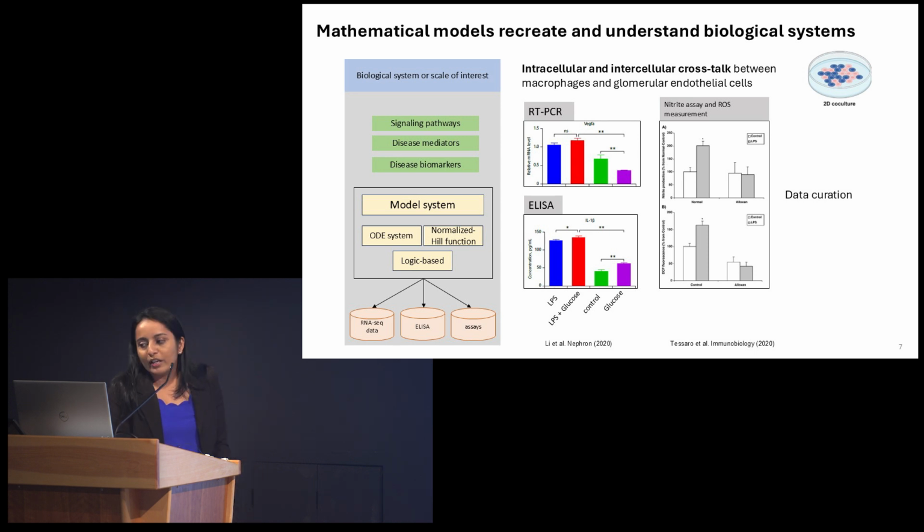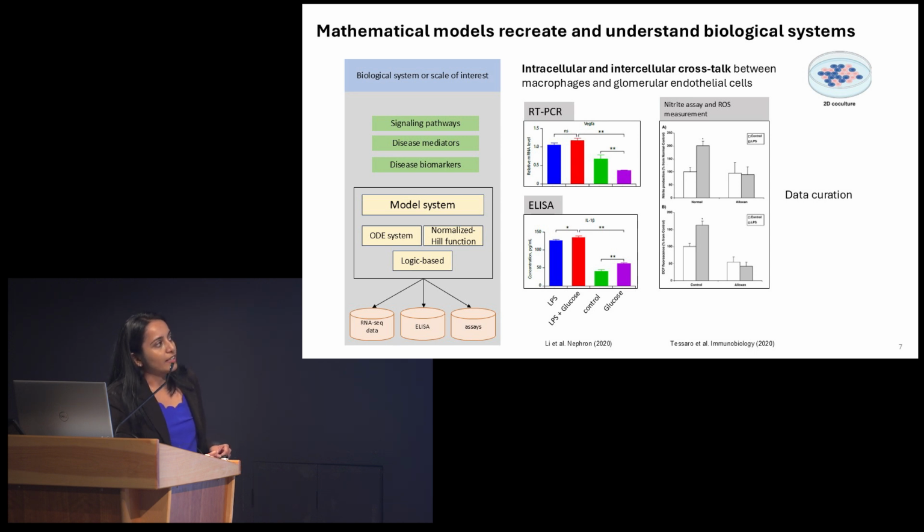So the workflow of this study involves first understanding the biological system of interest and the scale of interest. So we are focused on understanding intracellular and intercellular crosstalk between macrophages and glomerular endothelial cells. For this purpose, we look at 2D co-culture in vitro systems that study these two cells.